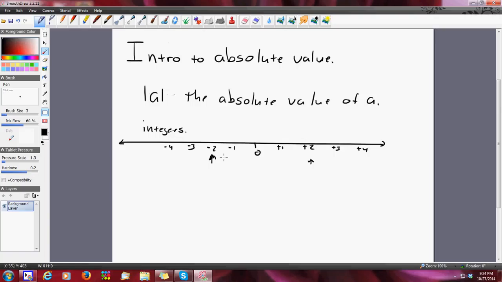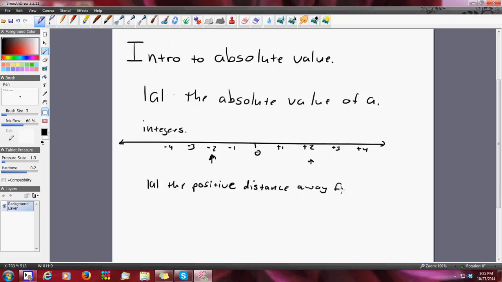So we're going to say the absolute value of A is the positive distance away from 0.